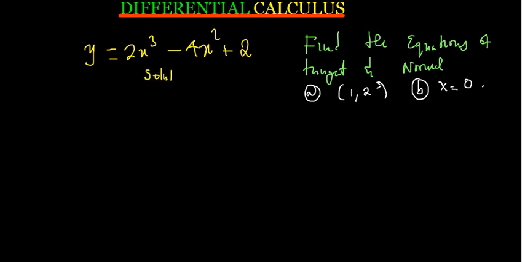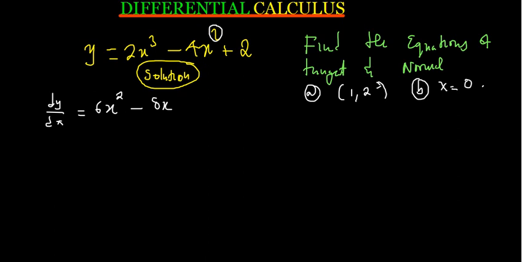So the first thing you need to do is find the gradient of the curve. How do you find the gradient of the curve? You need to find the derivative of this curve. So dy over dx is going to be equal to, you get the 3 multiplied by the 2, that is going to give you 6x, and then for the 3 you remove a 1 to be power 2, then minus, get the power 2 multiplied by the 4, that is going to be 8, then you have got x, since you remove a 1 from 2 to just be 1, right?